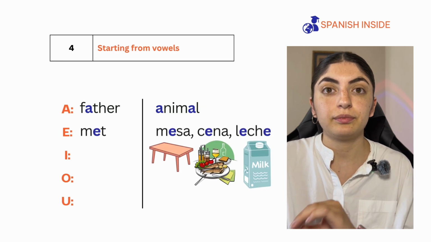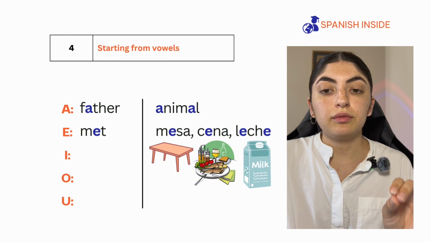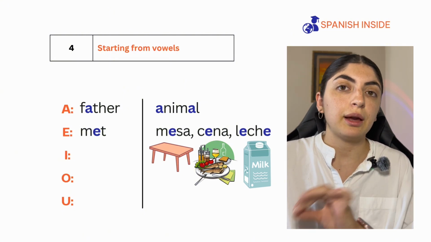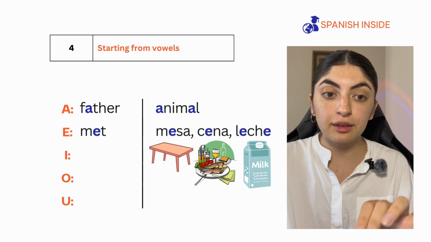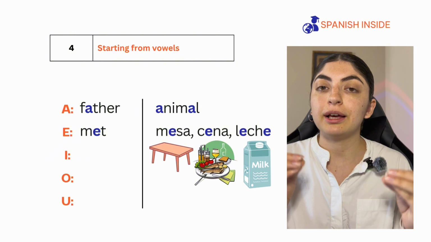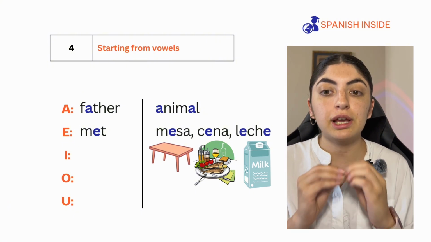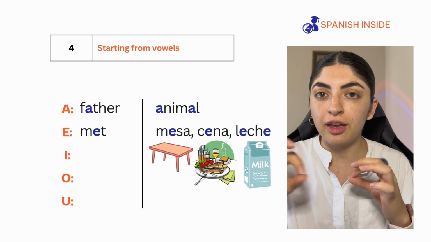E. Vowel E. You can find it in words like met or bed. It's short and clean. Don't stretch it like in "they."